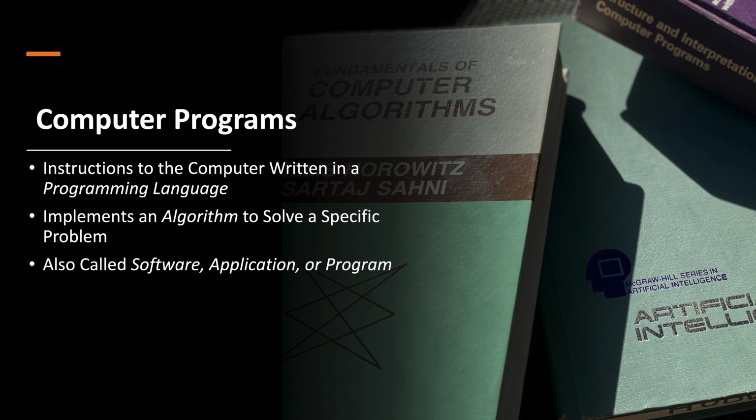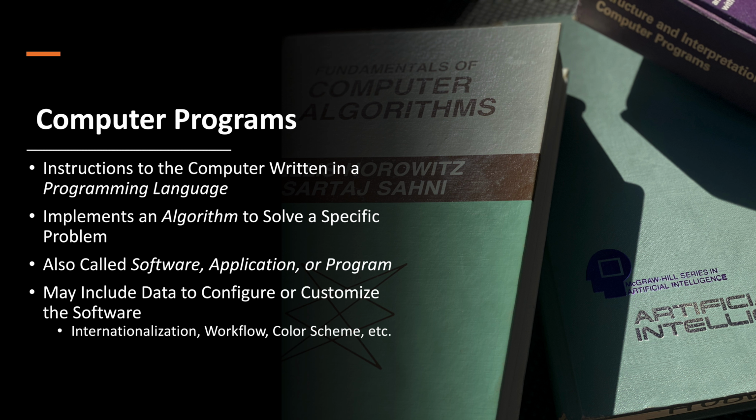Sometimes we call computer programs software, applications, or even just programs. And these programs might include data that's involved to configure the application or customize the software. For example, we may have information about the internationalization, what font, what language should we display the help text in, custom workflow, or users might set their own color scheme.